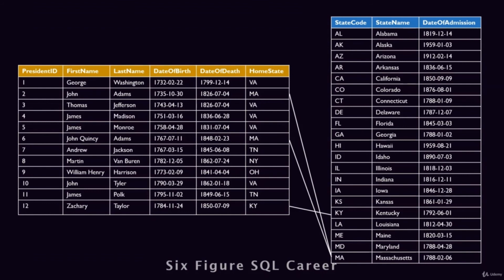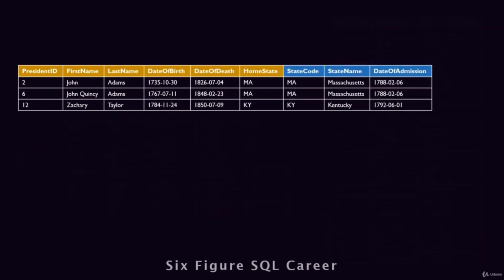As you can see, there are only 3 rows in presidents that join to 2 rows in states. Our inner join therefore returns 3 rows. You'll notice in the columns from the state table that the row for Massachusetts is duplicated twice because it matches 2 of the presidents from my presidents table.